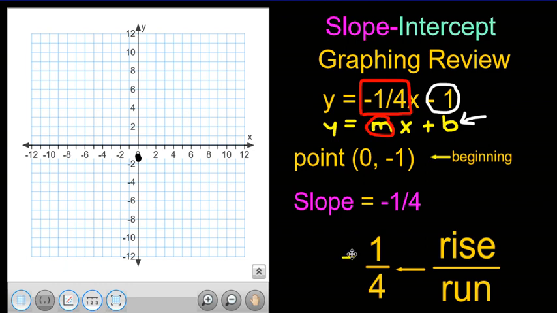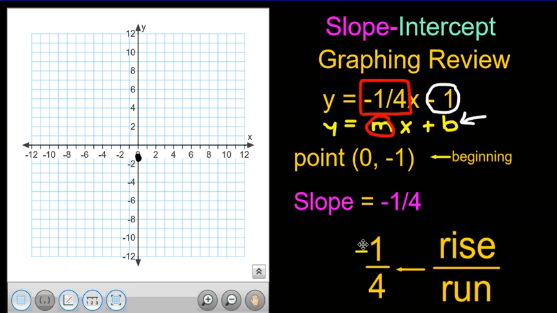So I could say, well, my rise is -1 and my run is 4. So this means go down 1 and 4 to the right. Or you could flip it around and you could say, well, I'm going to go up 1 and 4 to the left. So you can move that negative sign around to help you with it. It's still going to make a straight line.